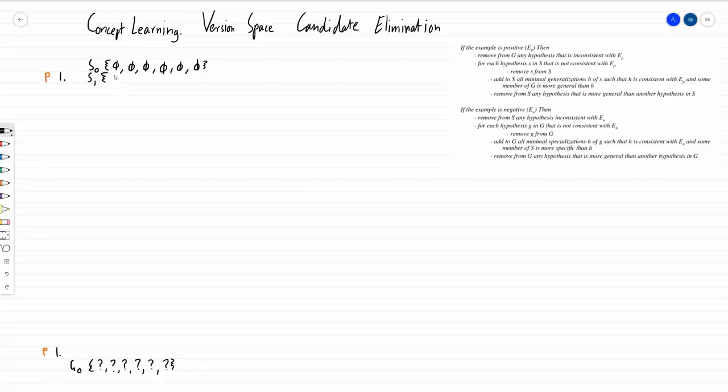So our first example we have is red, red, red, white, white, white. Now that's really what we're going to be starting off with here. And our G1 starting off as question mark, question mark, question mark, question mark, question mark.